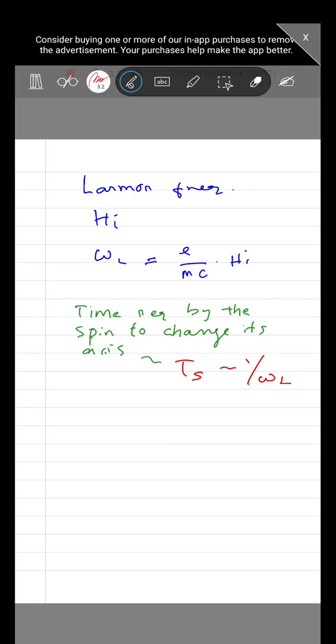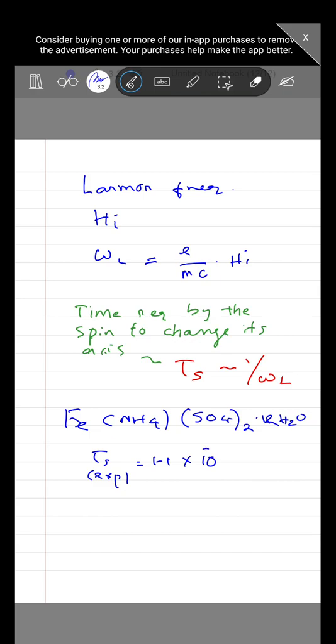So if we take the examples that we have just considered, for example Fe NH4 SO4 12H2O, it was previously shown from experiments that the value of relaxation time was 1.1 into 10 to the power minus 10 seconds, whereas from the 1 by omega L consideration it is quite close, that is 1.2 into 10 to the power minus 10 seconds.